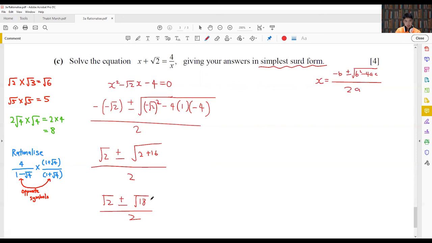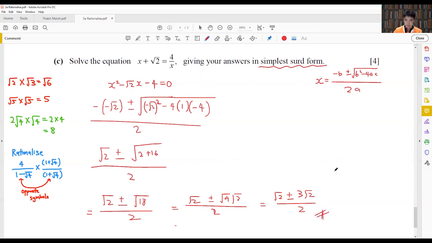Maybe I can even change this up into square root 2 plus minus square root 9 times square root 2, which is square root 18, right? Over 2. Then this will just be square root 2 plus minus 3 square root 2 over 2. And this can be your final answer here.